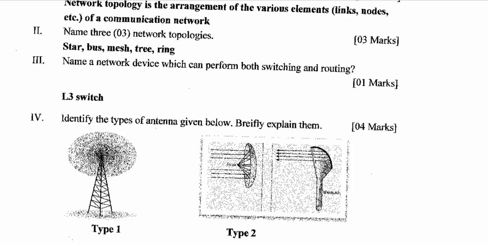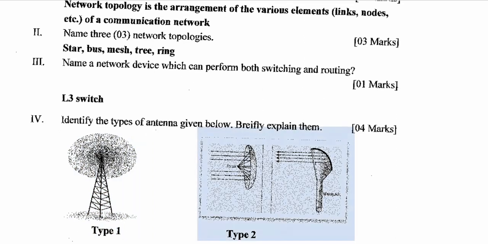And if you consider cellular communication and any other wireless network, it uses microwave signals and gives unicast signals. So in type 1 we have signals moving all around, that means to all the directions, and in type 2 we have signals directed to a specific direction only.